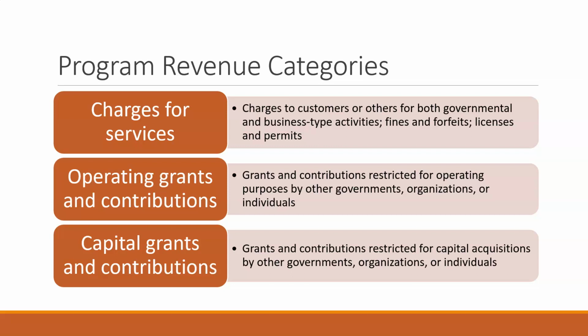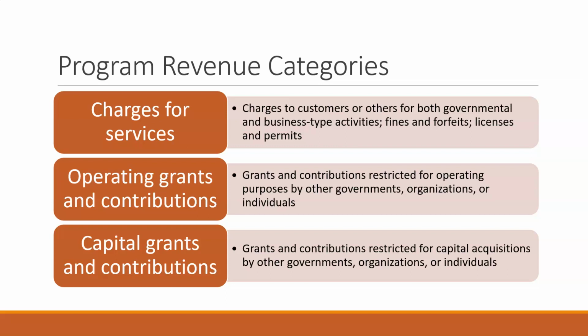Business type activities, if the government supplies water, garbage service, they can charge for those different kinds of things. They can also require licenses and permits, for example for food trucks, pets, any number of things.